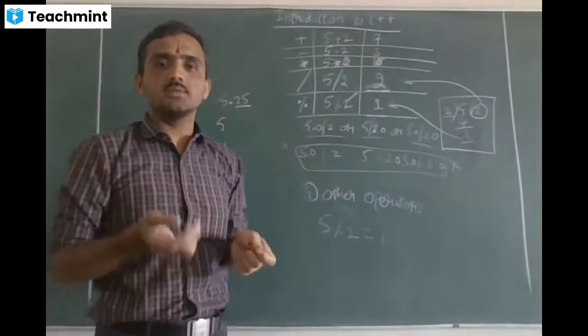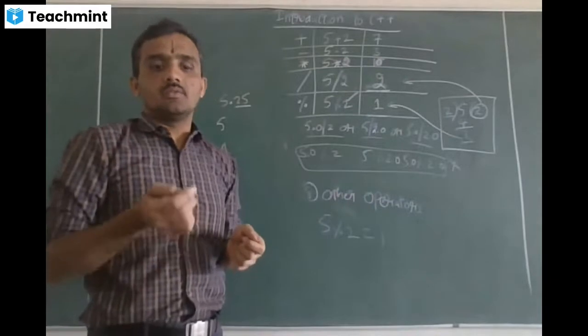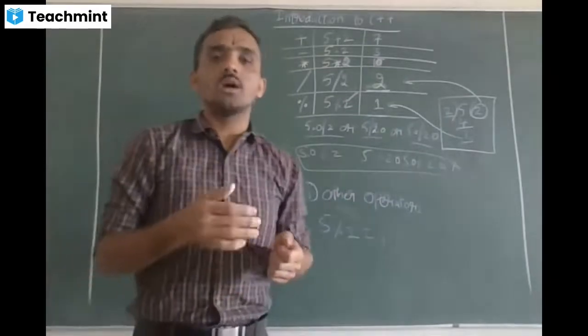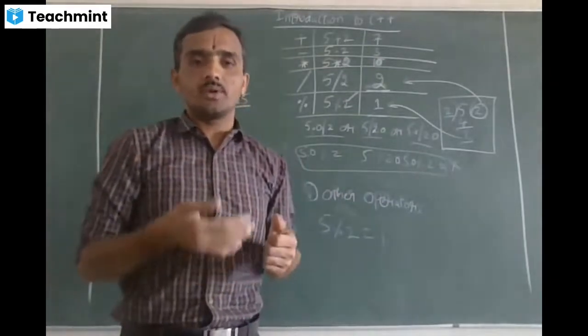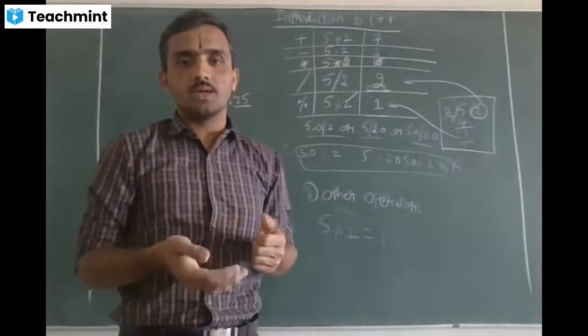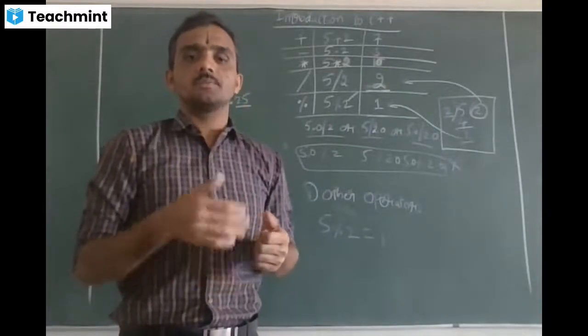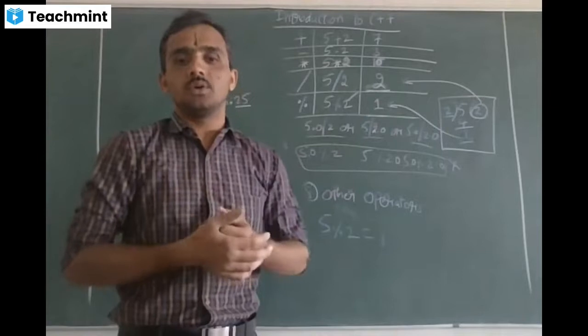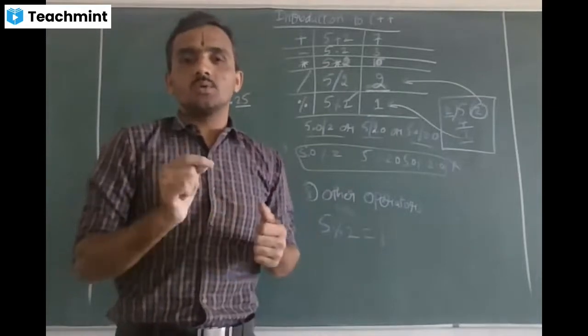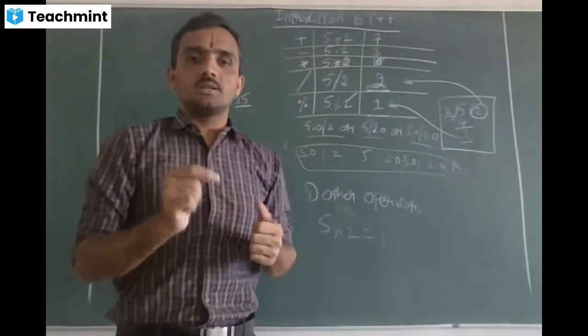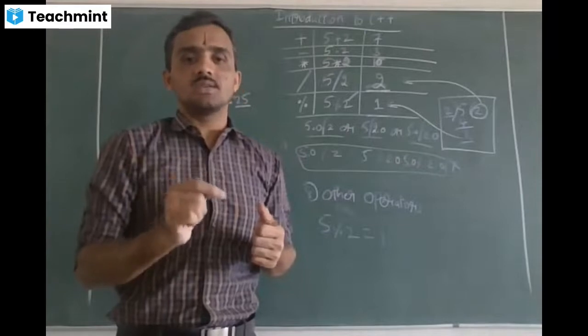The next chapter is data types. Data type means when we give values to the computer, how it will accept them. If I type 5, if I type 5.25, if I type my name, if I type some symbols, how does it accept them? Because always remember, the computer understands only binary language, that is 0 and 1.